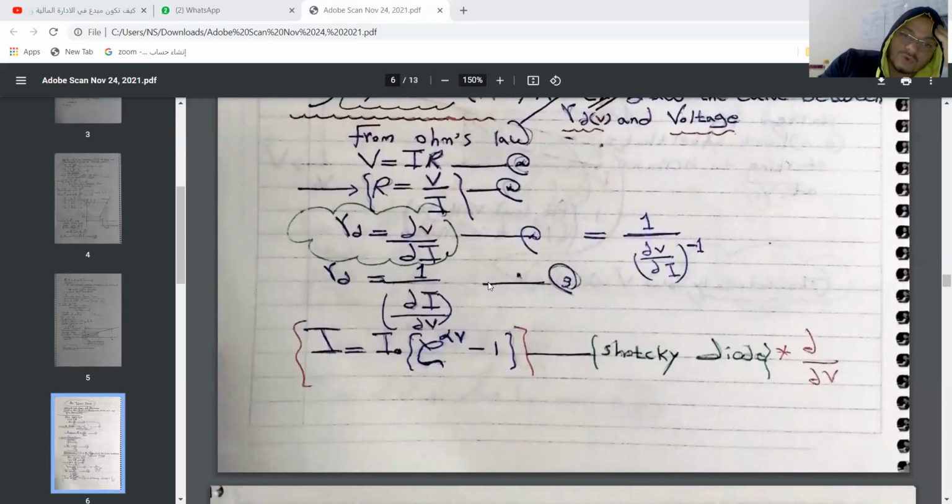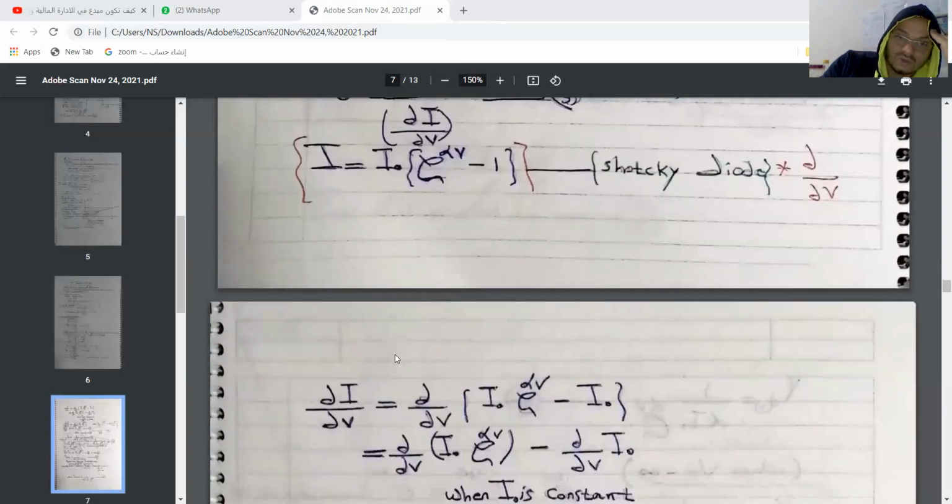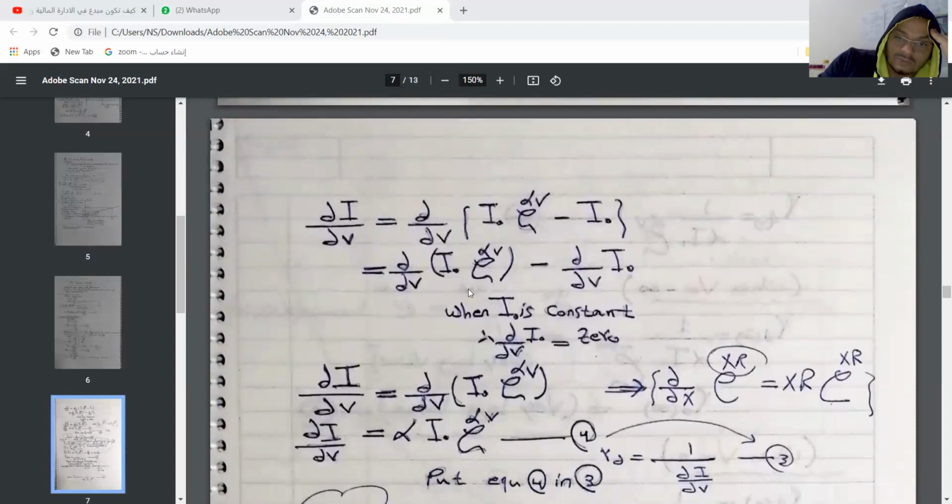Let's call this equation number 3, and let's come back to the Schottky diode equation and take the derivative of both sides. dI over dV equals d over dV of I naught times exponential alpha V minus 1. The saturation current is constant and depends on the kind of diode, so the derivative of a constant equals 0.